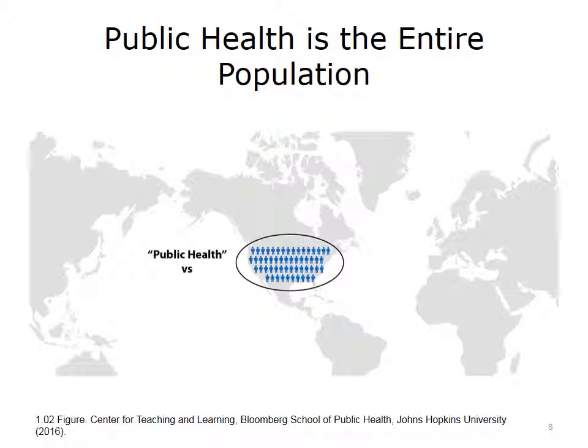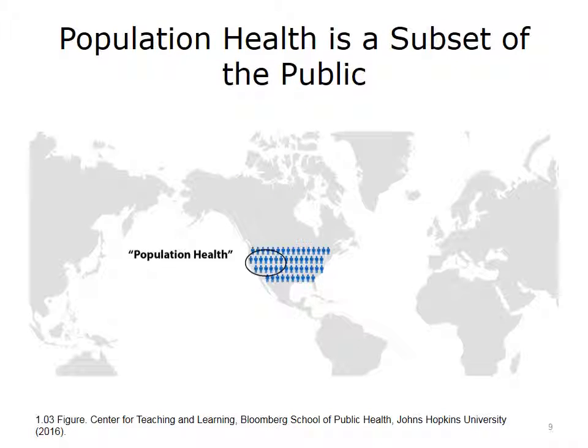Public health encompasses the entire population, usually defined on a geographic basis, while population health focuses only on a subset of the broader population, such as those with a specific disease or employed by a certain provider or cared for by a certain organization.